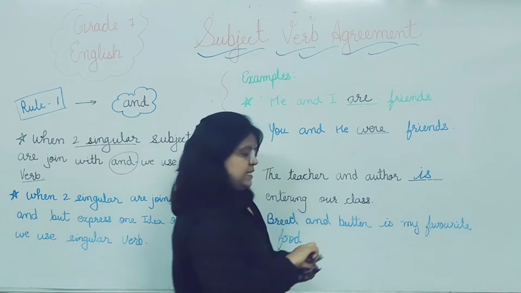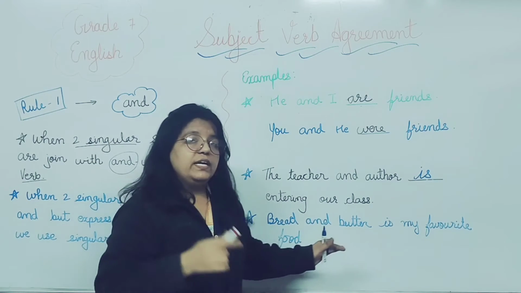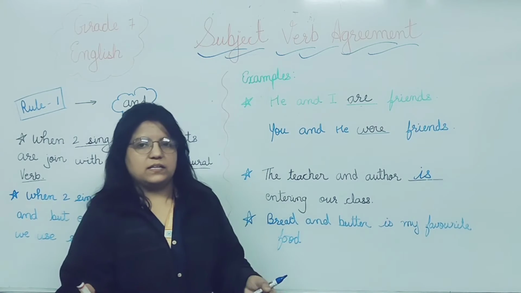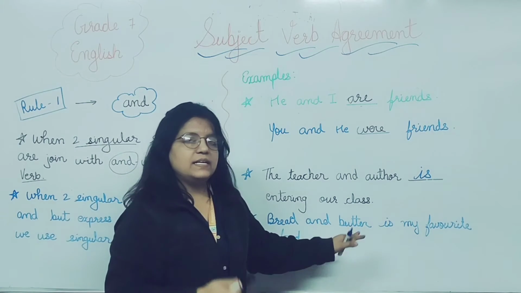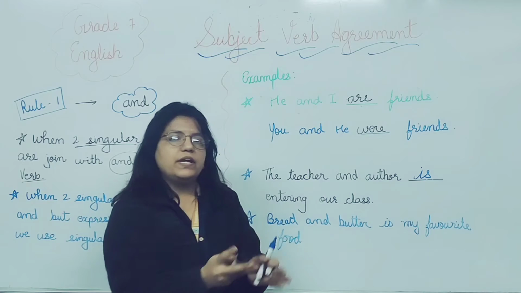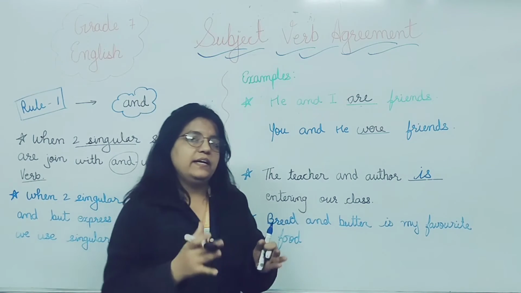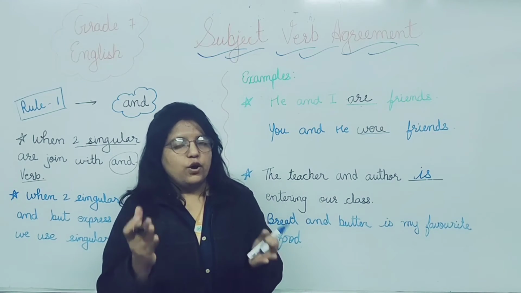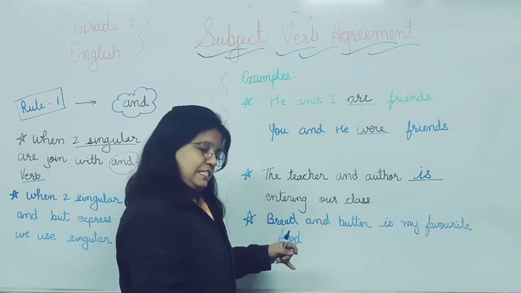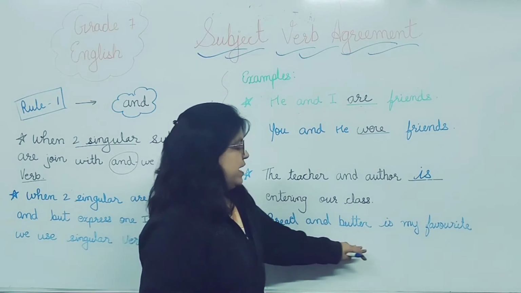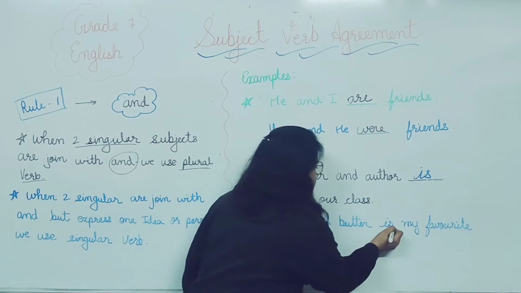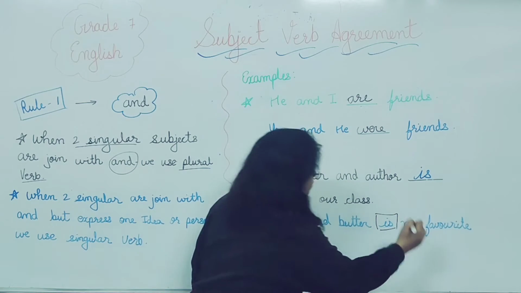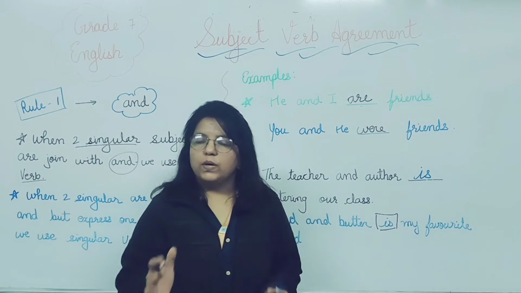Now here you can see bread and butter, though they are two different things, here they are taken as a pair, means we made them into one dish and ate it. They are taken as a pair in a dish or a food, or we can say a breakfast. So that's why we have considered it as singular, and that's why we have taken a singular verb.